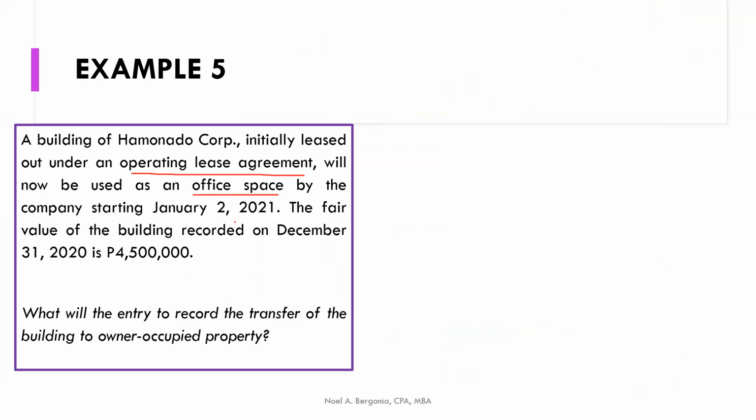Okay, so there would be a transfer from the building, which is an investment property under fair value model, kasi ang sabi dito, the fair value of the building was recorded as 4,500,000 on December 31. Will now become an owner-occupied property since gagamitin sa office. So wala naman change ng fair value, di ba? Unlike with my example in the previous slide.